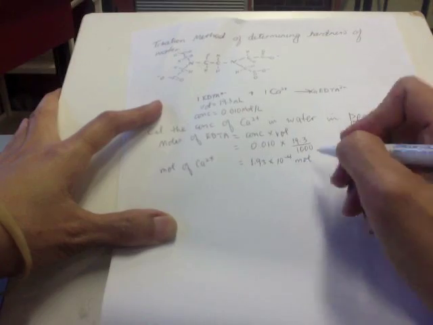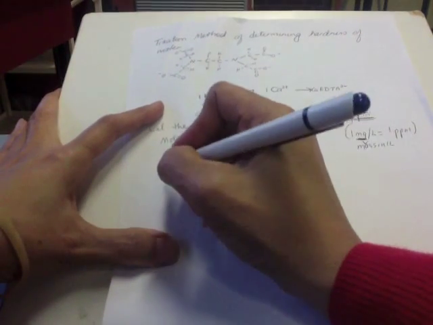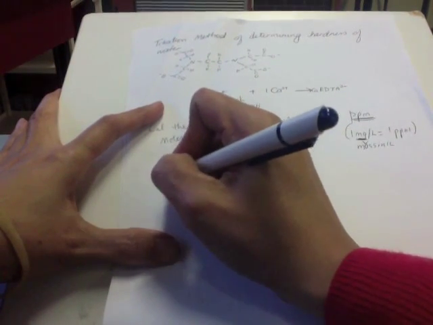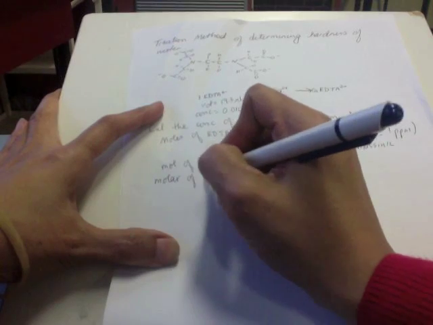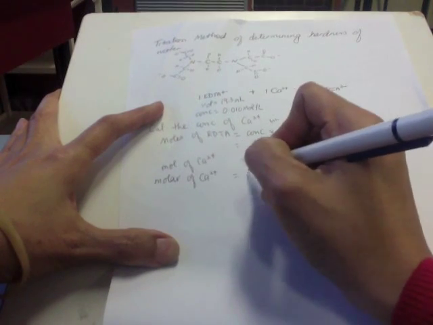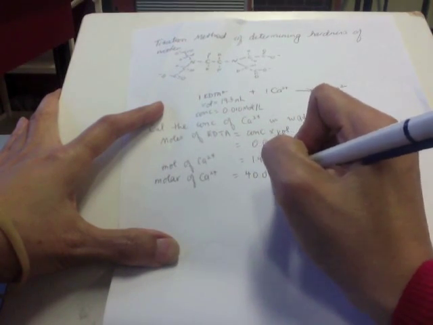Since we know the unit is milligrams, which is the mass in 1 liter, we have to change moles to mass. The molar mass of calcium is, from our periodic table, 40.08.